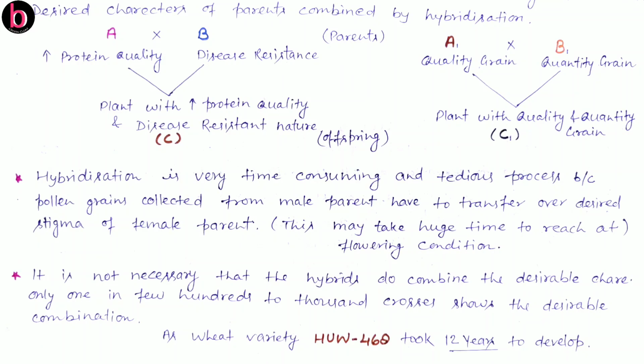For example, the wheat variety that we discussed, HUW 468, took 12 years to develop. So we can imagine the time needed for hybridization or for improvement of a new cultivar.